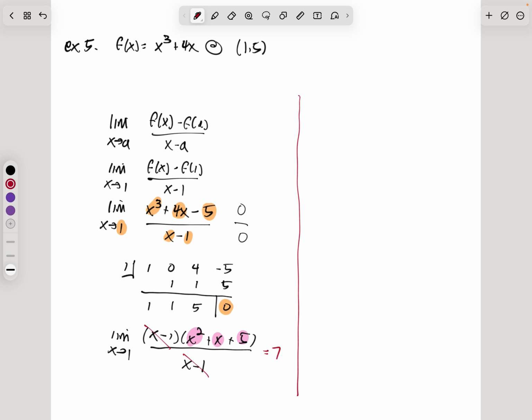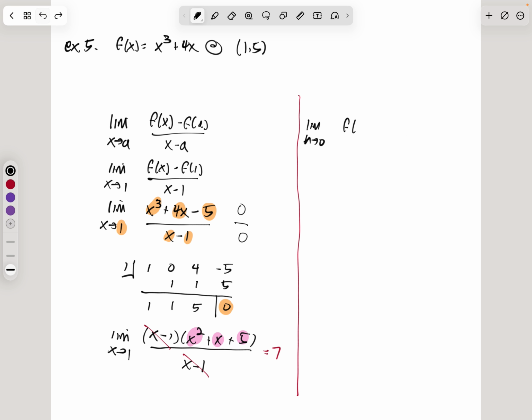And the way we did it in class, I call it the h method, where the denominator is h. We'll take a quick look at that again. We're going to have the limit as h goes to 0 of f of x plus h minus f of x. Hang on a second.